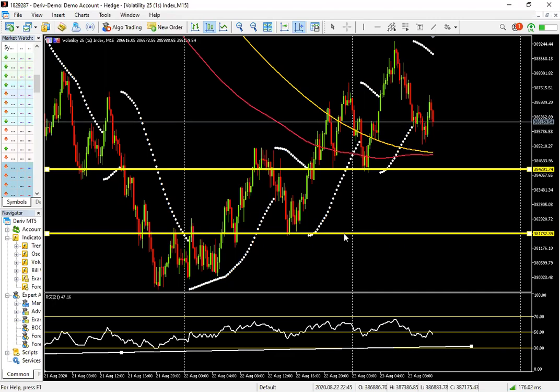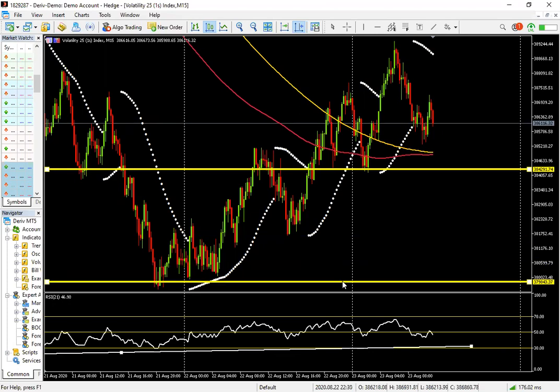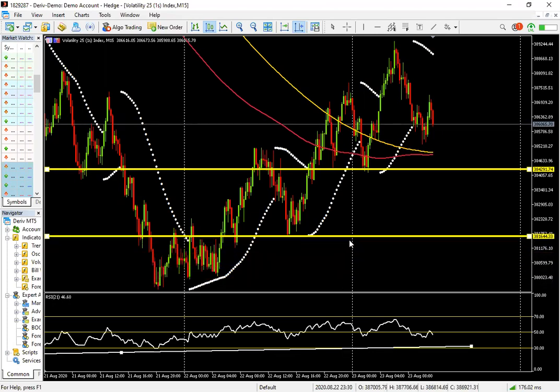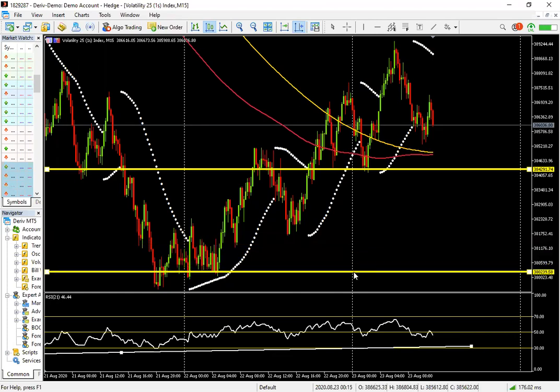If my stop loss was around this area, then I feel the market may break this support and come here and still go back up. What I'll do is just reduce my stop loss. That's why most of the time I send signals with some instructions: use small lots, use 0.05, because I know very well some people will be using bigger lot sizes, and it will affect their account because the stop loss may be too far.